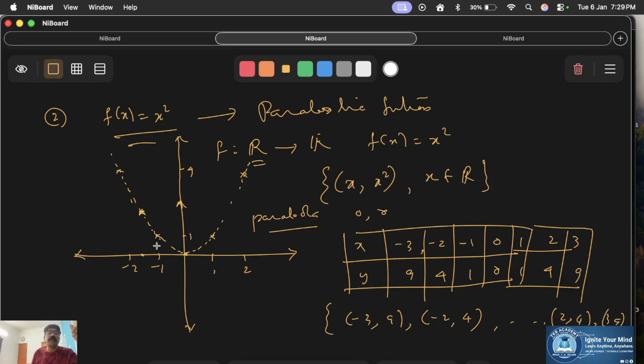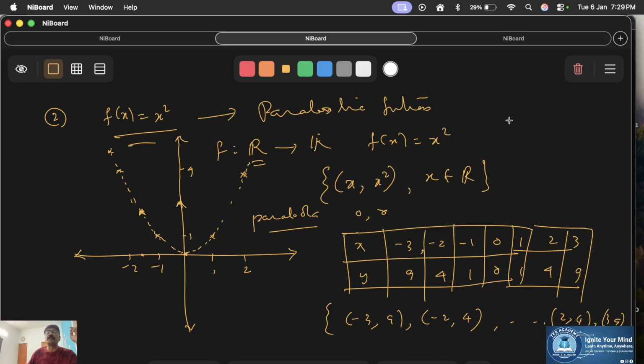If you can draw freely connecting all these points, then it is very easy. To get an approximate graph of a function, you consider some 5 or 6 points, and if you can have a clear vision that the curve passes through these points, you can freely draw, and that's enough. Actually, that is the way we draw the graph.